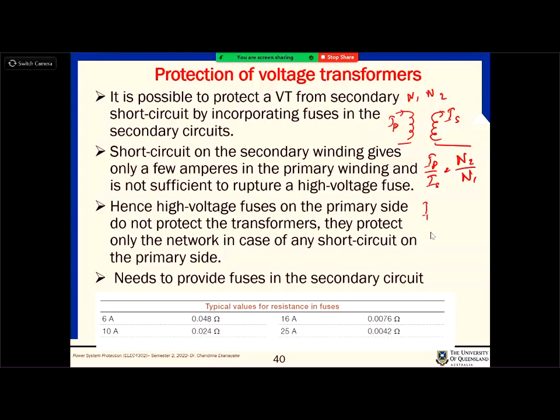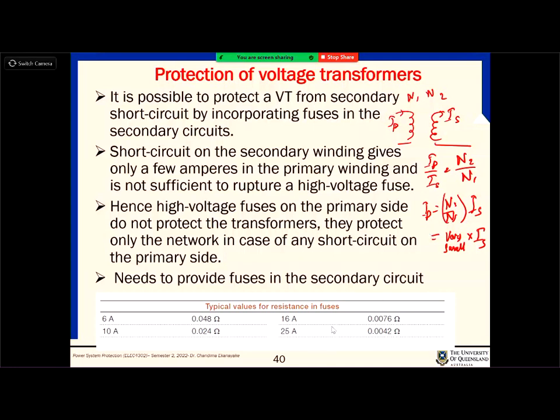So I primary is equal to N2 divided by N1 times IS. So very small, multiplied by I secondary. If you look at it in that form, still the primary is a very small current, right? So by short circuit in the secondary, you will not be able to detect it in the primary side. So that's why those transformers need low voltage fuses in the secondary.